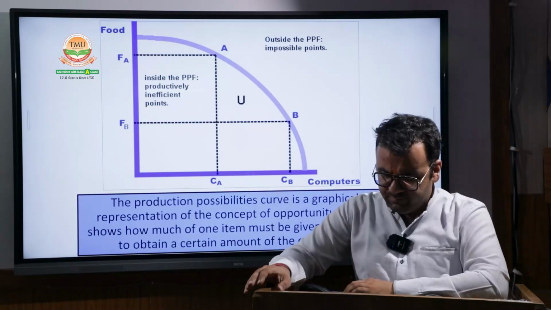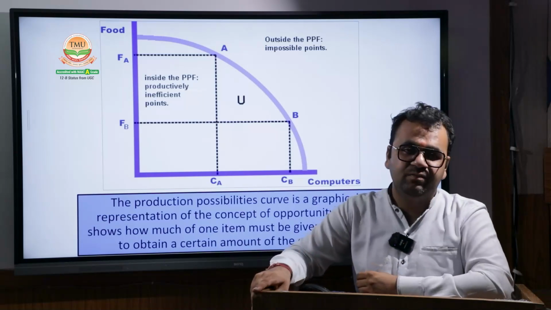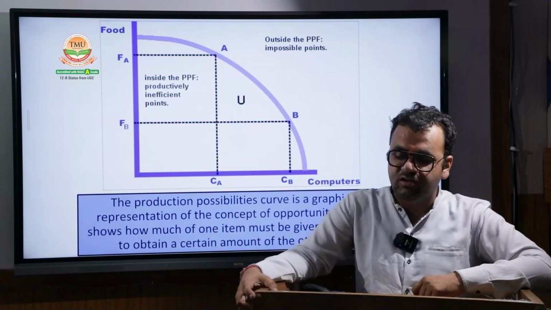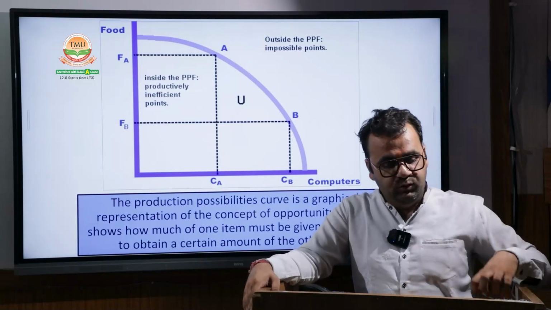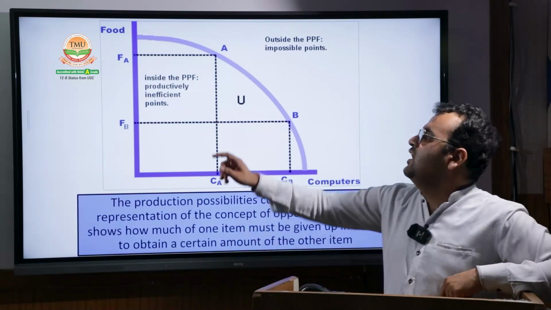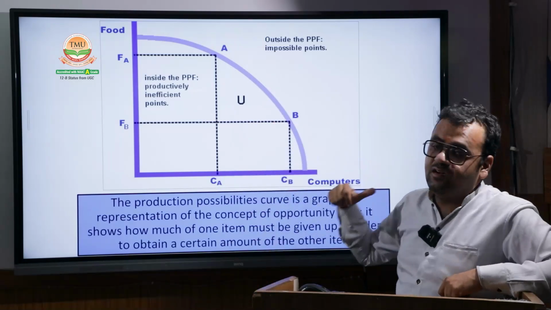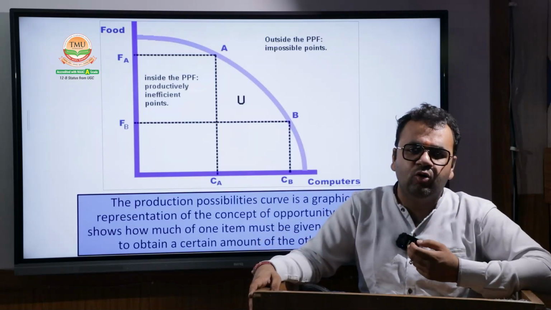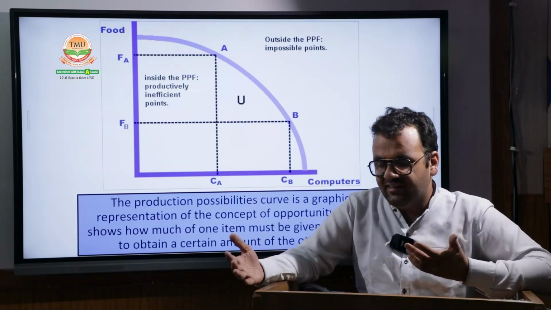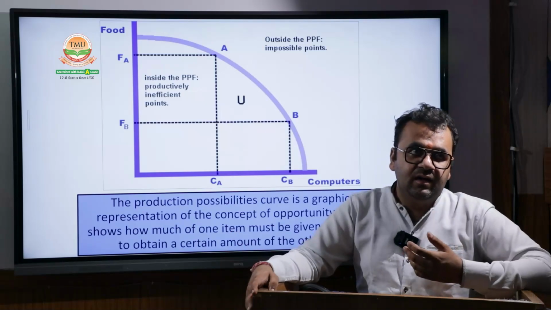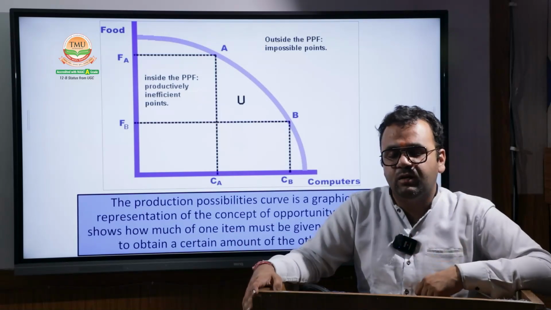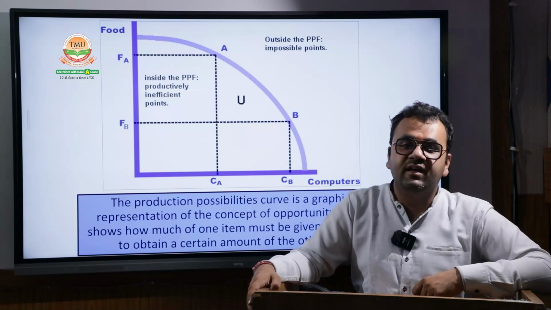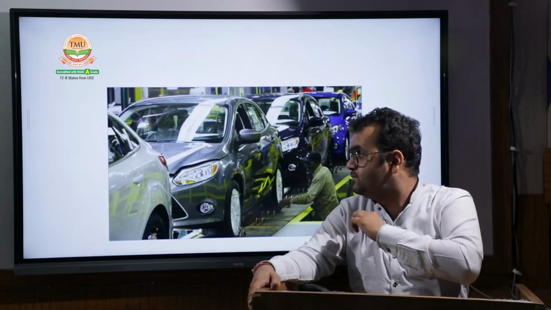Sometimes the firm has different items. For example, in the opportunity cost on the PPC, we do the comparison of two goods. Here we have done the comparison of food and computers. And in the earlier class I have taught you one characteristic of the production possibility curve, that it is always concave to the origin.